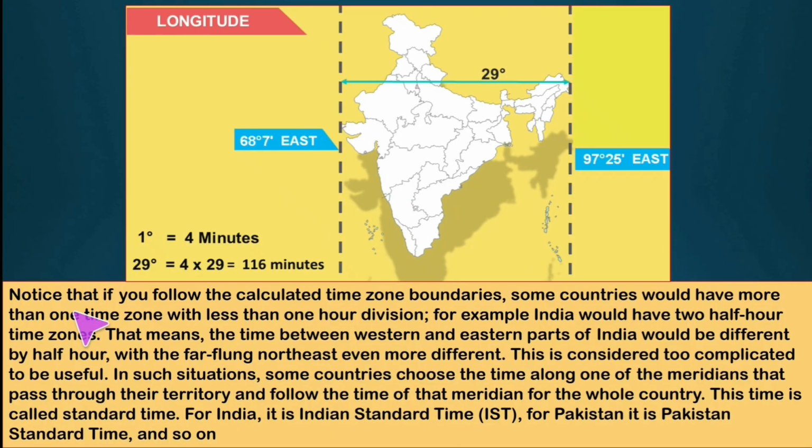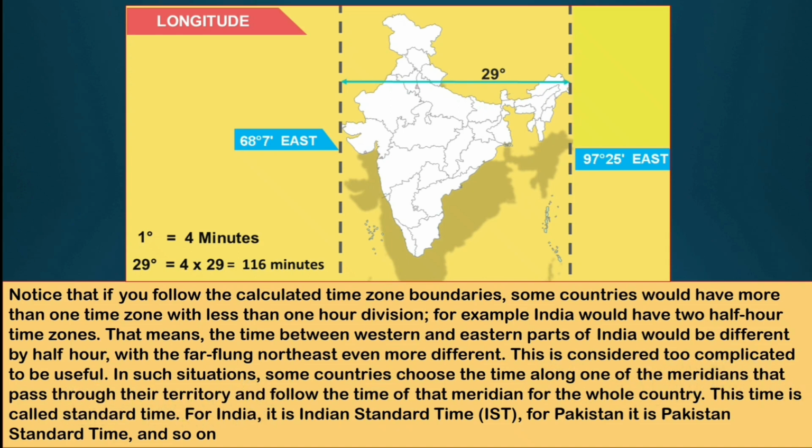Now, notice that if you follow the calculated time zone boundaries, some countries would have more than one time zone with less than 1 hour division. For example, India would have two half-hour time zones. That means the time between western and eastern parts of India would be different by half an hour, with a far-flung northeast even more different. This is considered too complicated to be useful.